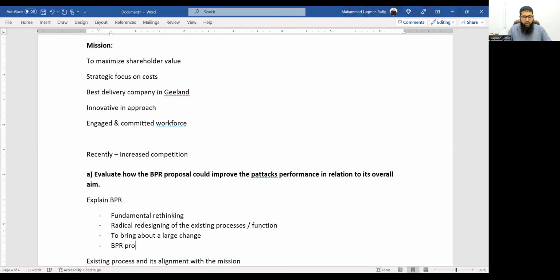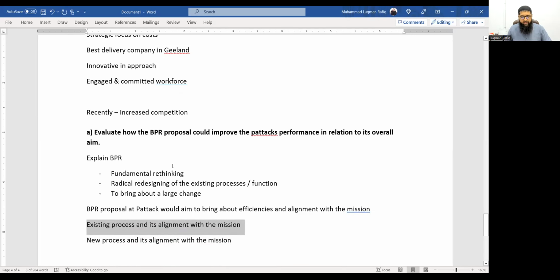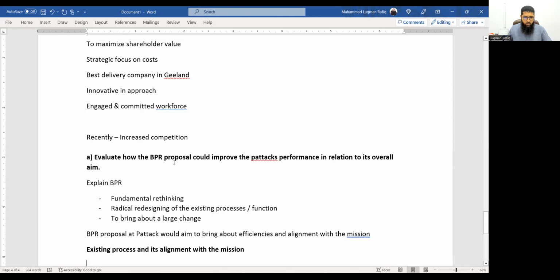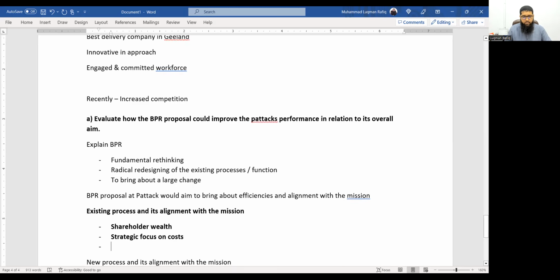Then you would say the BPR proposal. Now, if you talk about the existing process: shareholder wealth, strategic focus on cost, best delivery company. So you would talk about it.